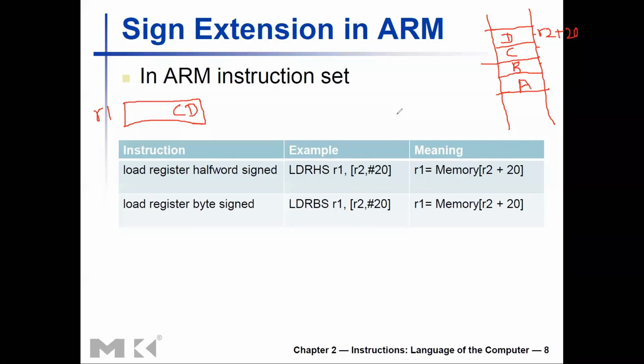Is there any question? Anybody trying to ask me? So this CD, you are going to place it in R1 if you execute this LDRHS instruction, and this C. So the sign extension thing. Now all these numbers, I'm representing them in hexadecimal to make life easy.